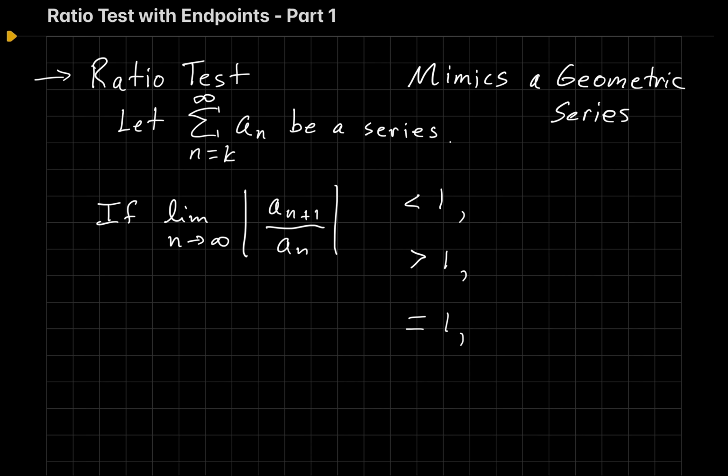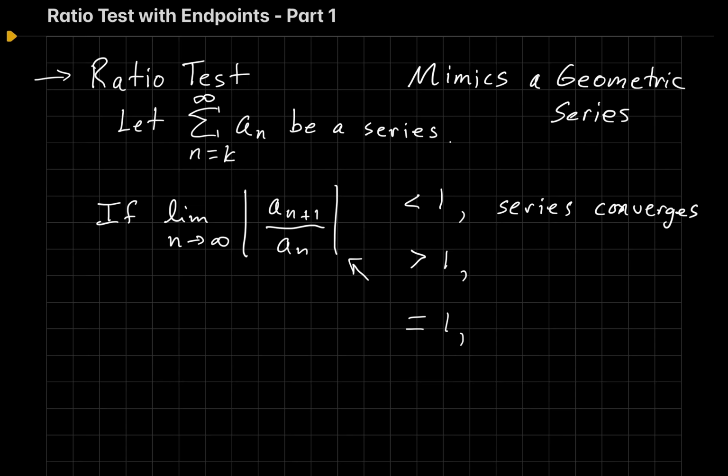So if this ratio is less than 1, we know that the series converges. In fact, it converges absolutely because we're doing the absolute value.